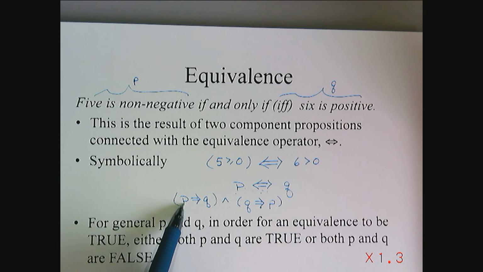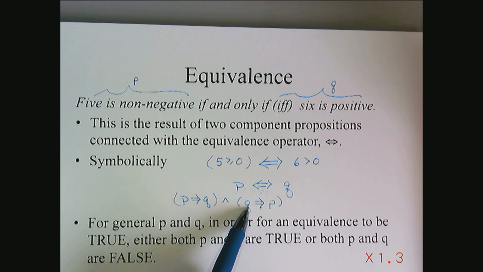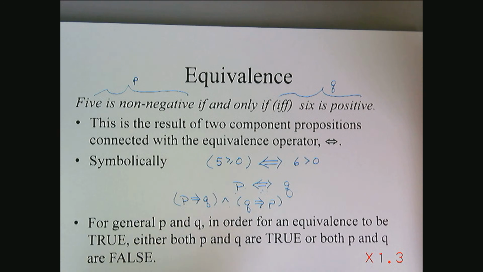So P being true and Q being true, true implying true is going to be true, true implying true is going to be true, so the expression is going to be true. If they're both false, it's still okay, because this expression will be true and this expression will be true if they're both false.